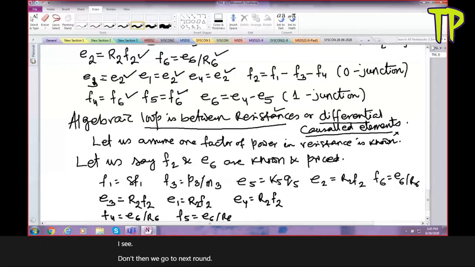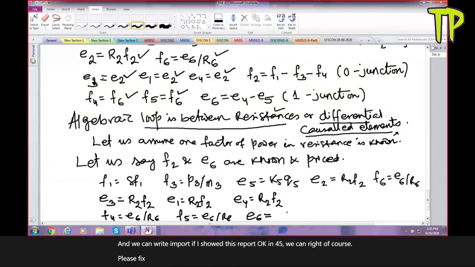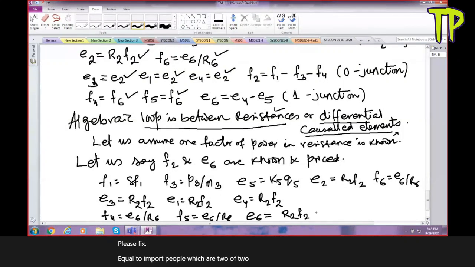In the next round, we have known everything else, so we can write F2 and we can write E4, E5. E6 equal to E4, E4 is R2 F2, minus E5 is K5 Q5. And F2 is F1, F1 is SF1, F3 is known, F4 is known.